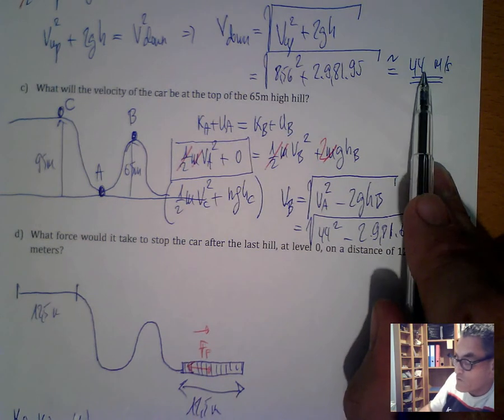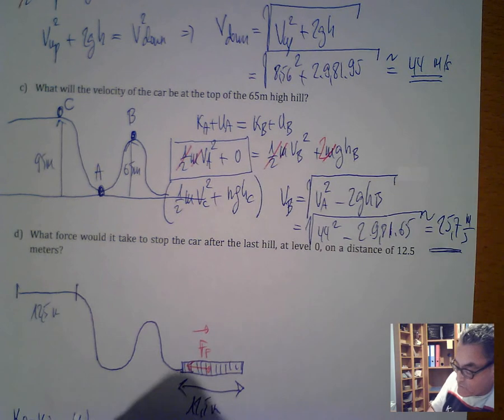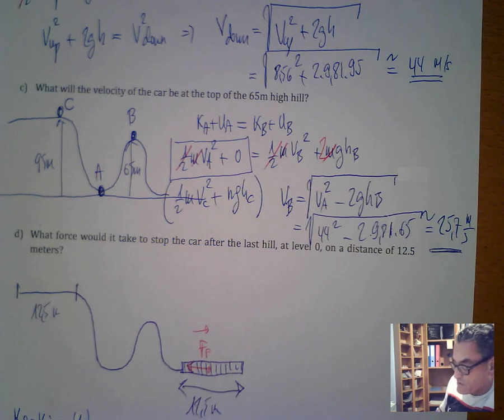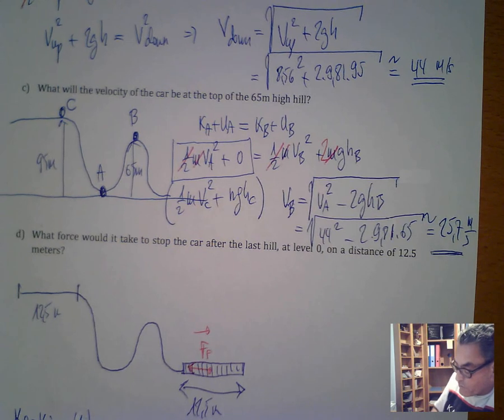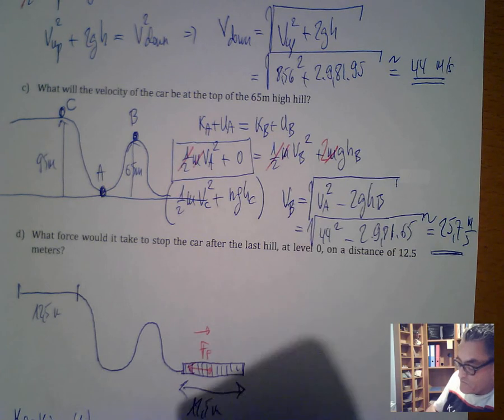We can take the 44, because this is the velocity of the cars when they are down at level 0. Okay, so this is 1/2 m vi squared, and on the other side we have the friction force times the distance. Okay, so if we want to compute the friction force, we have 1/2 m vi squared is equal to Ff times d. Sorry, I've not been careful.